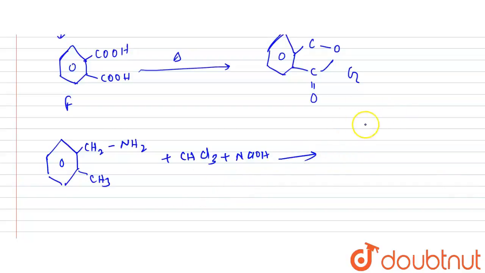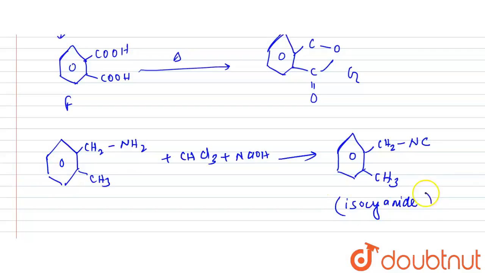This is the carbylamine reaction. You get the formation of isocyanide. How is RNC formed? Here this is the alkyl group R, and along with it NC. This is the isocyanide which is formed in the above reaction.